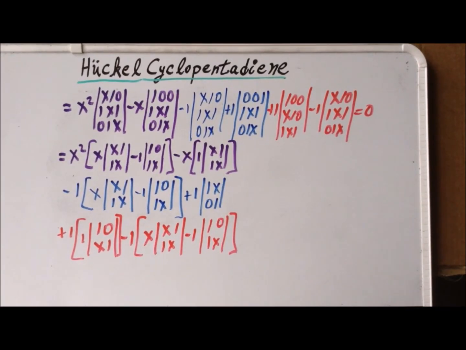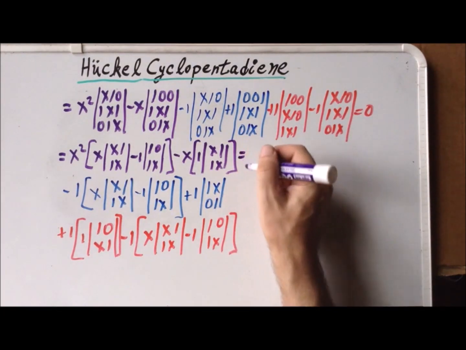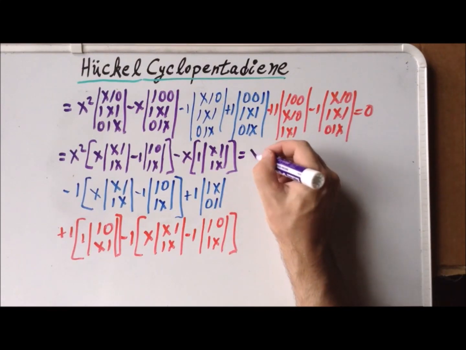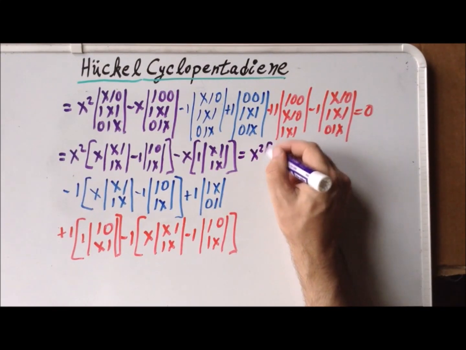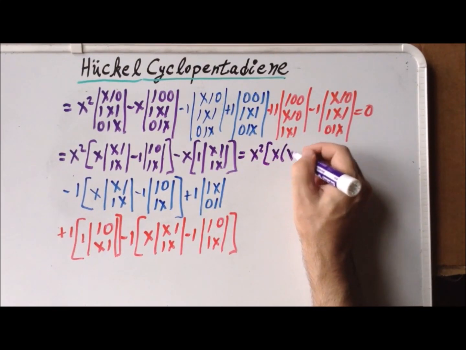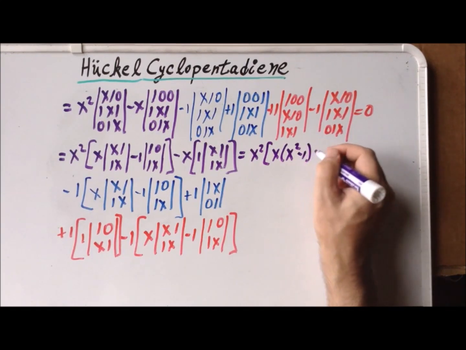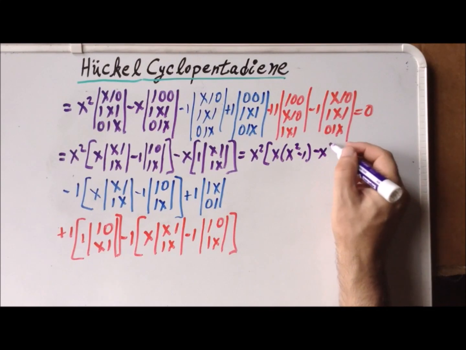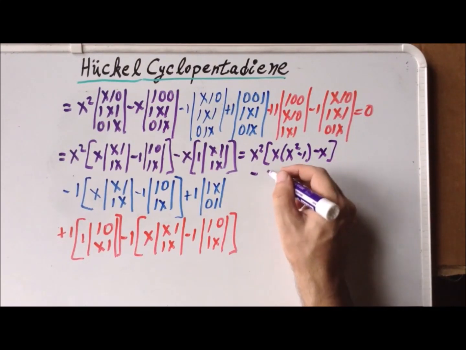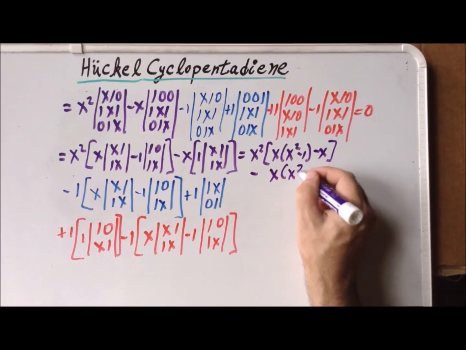Since we can solve 2 by 2 determinants directly, we can now begin to combine terms: squared x times x squared minus 1, minus x, minus x times x squared minus 1.